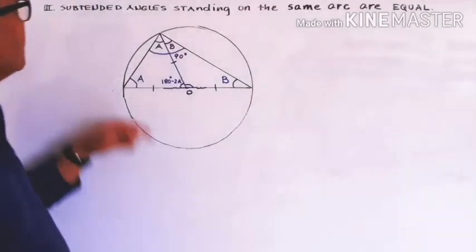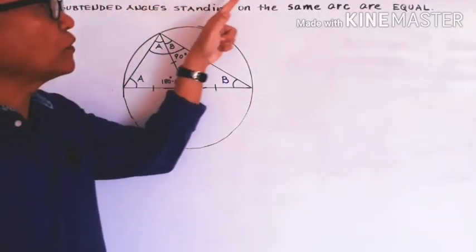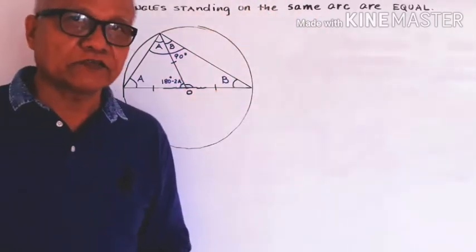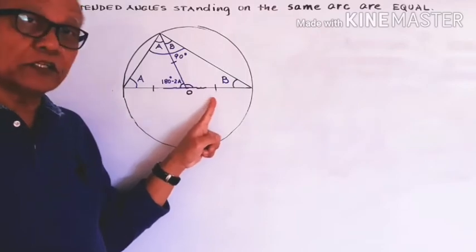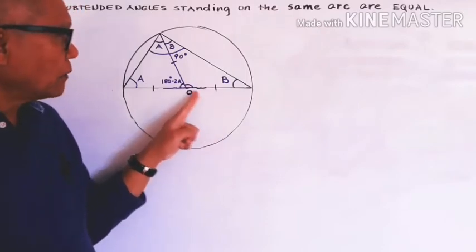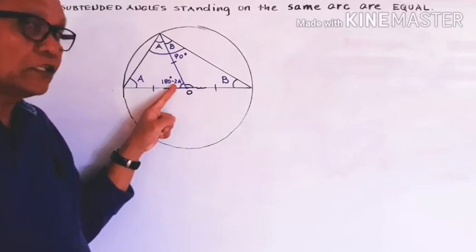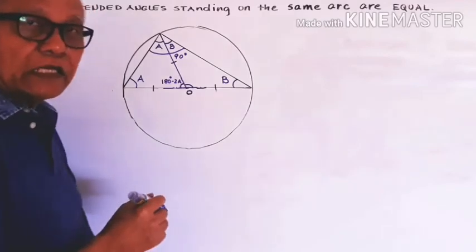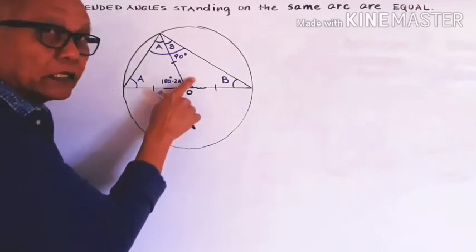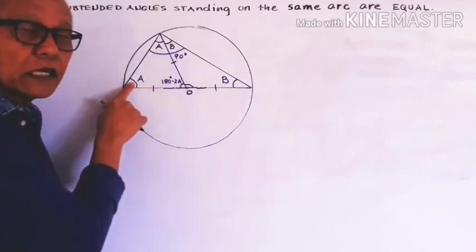So let us now prove the second theorem, in which the subtended angle is 1/2 of the measure of the central angle. Just erase the 180 degrees minus 2B here, but for this angle, it is still 180 degrees minus 2A. The central angle here, class, is this angle, and the subtended angle is this angle.